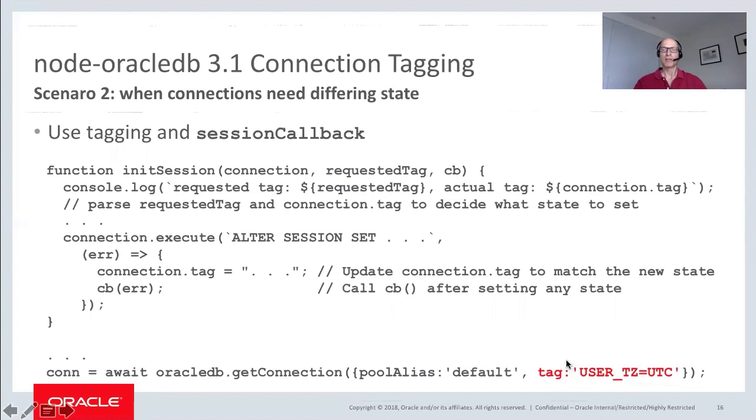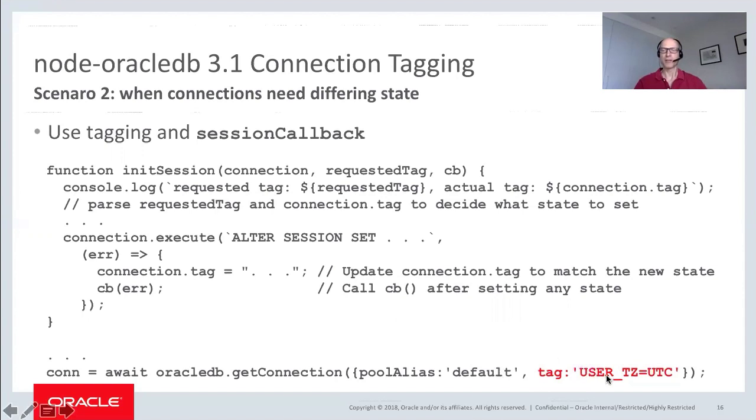If you get a new session or there's a connection in the connection pool which has been tagged by somebody else, we don't care about that, and that connection has a particular tag, then when a connection in the pool is selected for use, if it has a matching tag, we don't need to call this init session.